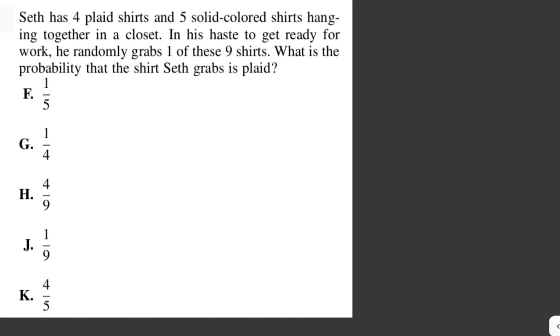Seth has 4 plaid shirts and 5 solid colored shirts hanging together in a closet. In his haste to get ready for work, he randomly grabs one of these 9 shirts. What is the probability that the shirt Seth grabs is plaid? Since Seth has 4 plaid shirts and 5 solid colored shirts, the total number of shirts is 4 plus 5, which is 9.